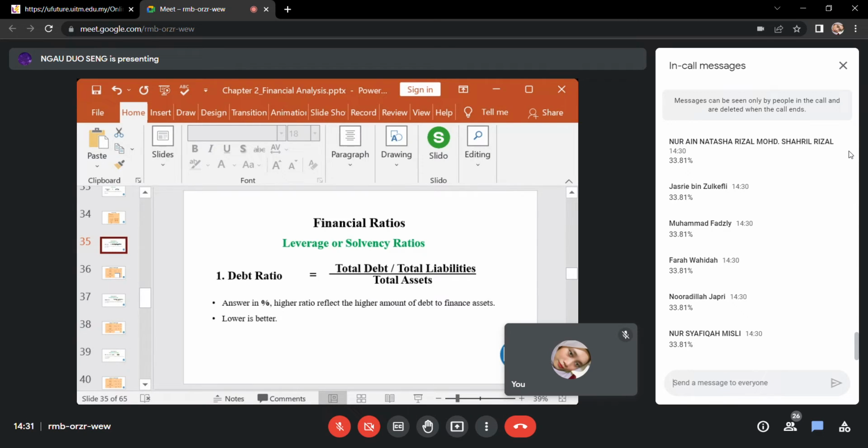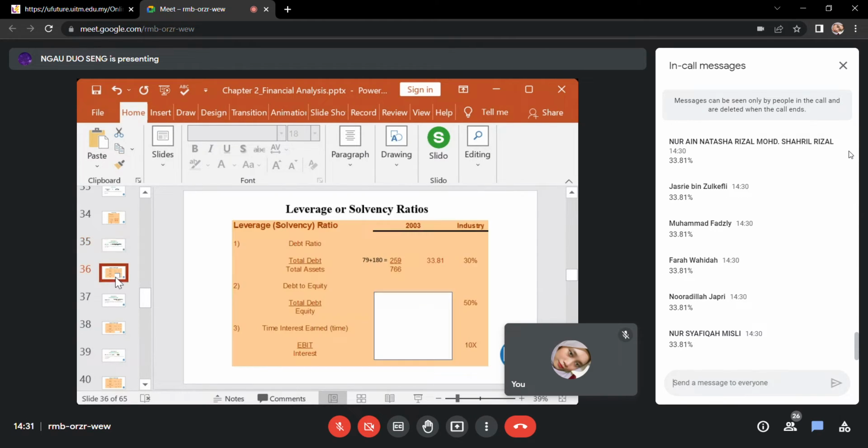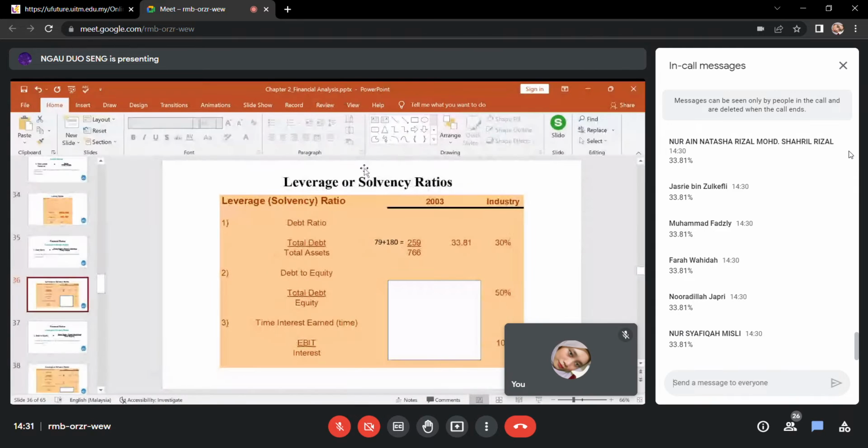All right, so we check. Total debt is 79, current liability, plus the long-term debt of 180, so 79 plus 180 equals 259.